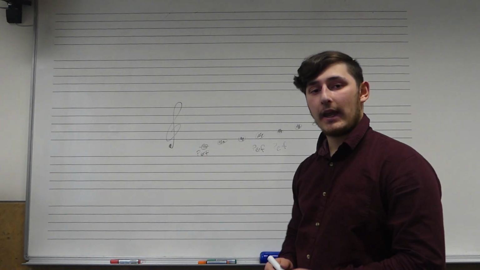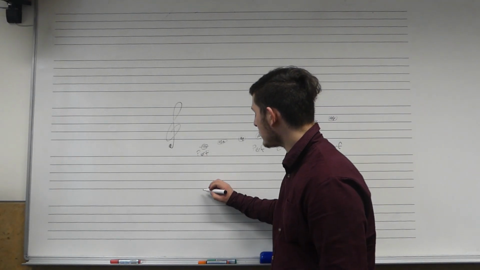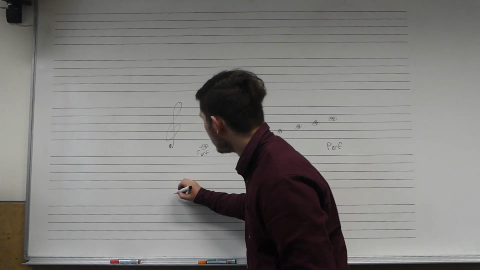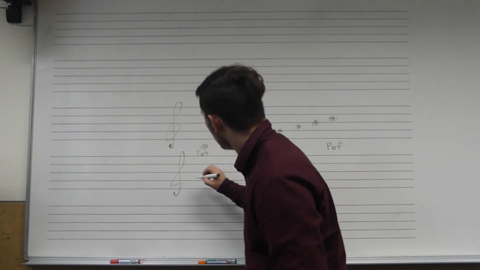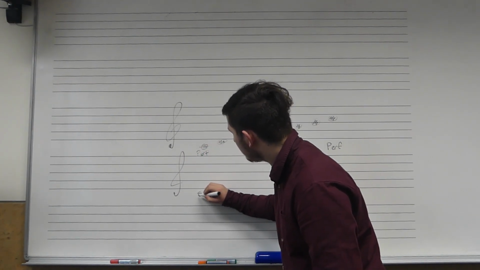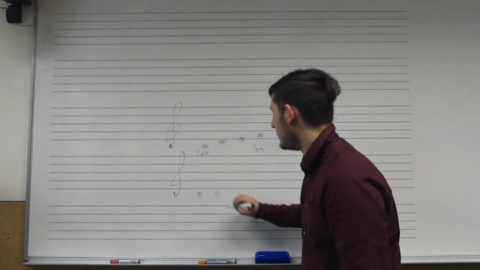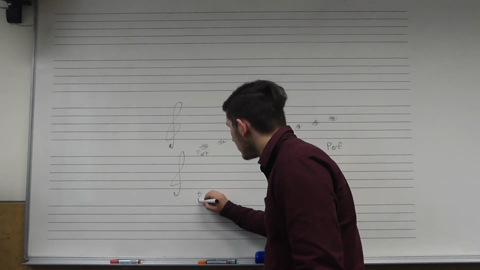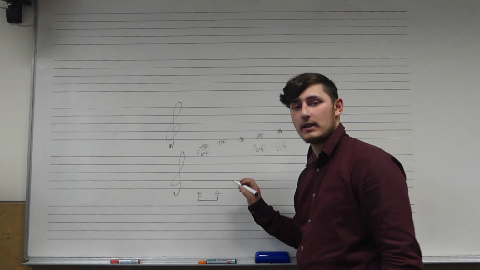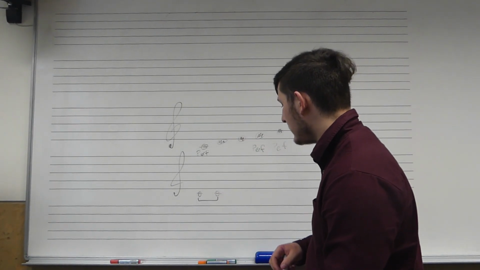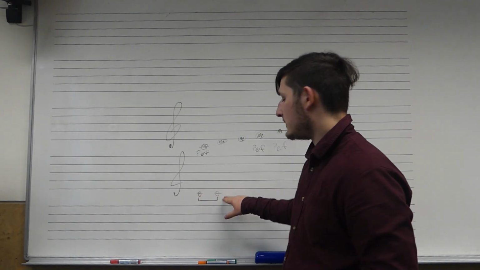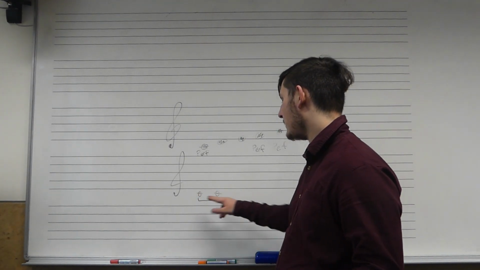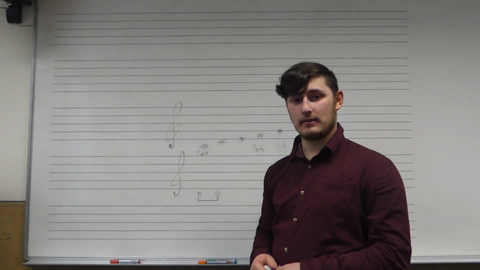Here, if we had two notes beside each other, in this case a C and another C, the interval is a perfect interval, and the degree is unison, which means the notes are the same.